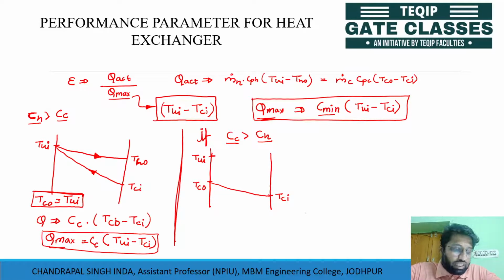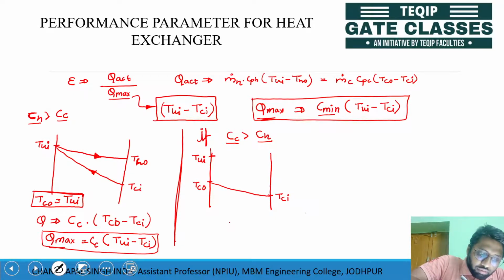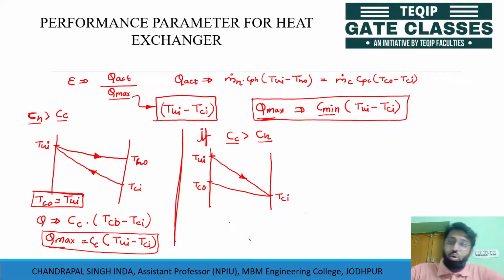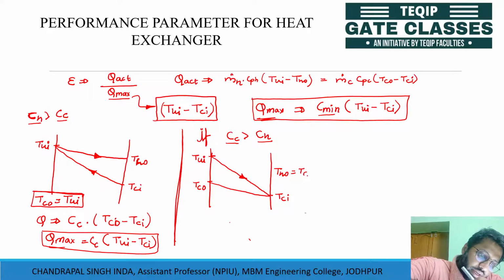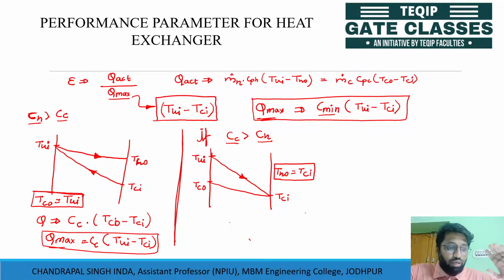So here the maximum temperature change that the hot fluid can achieve is up to the T cold inlet. Sorry, the outlet temperature of the hot fluid will be equal to the inlet temperature of the cold fluid.